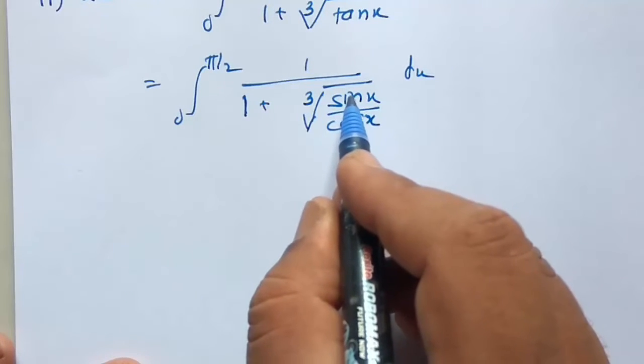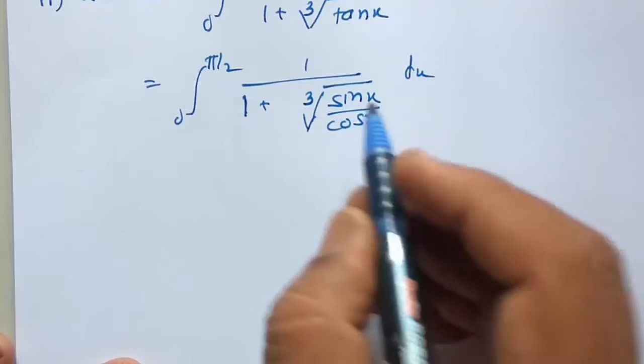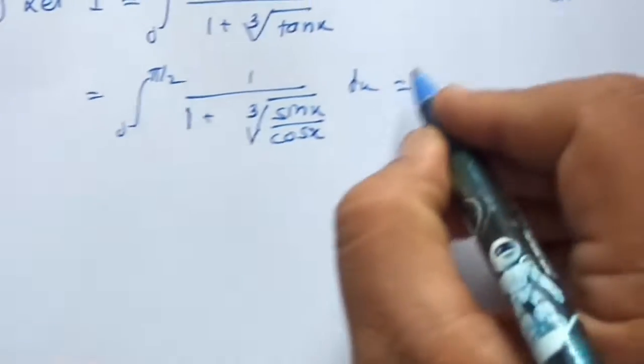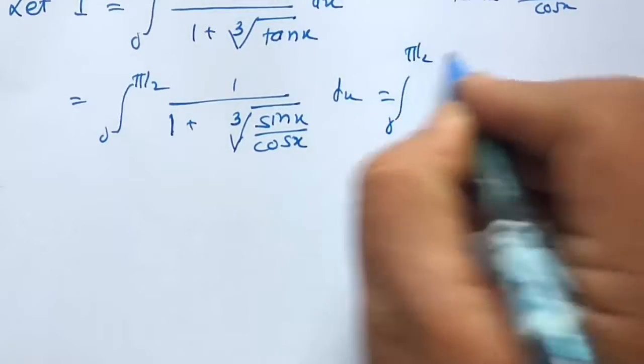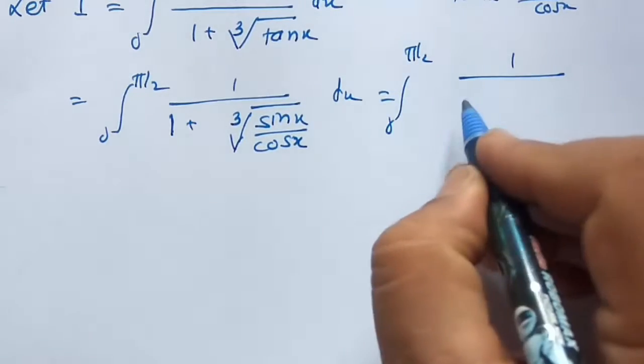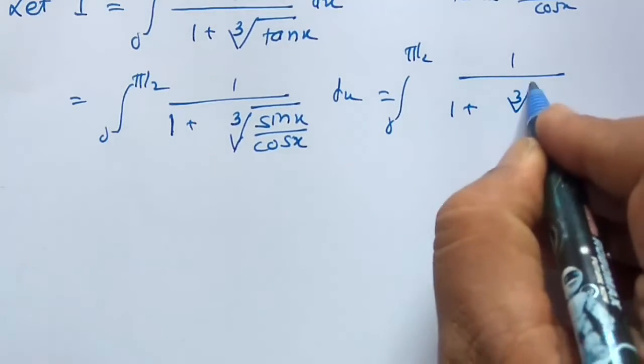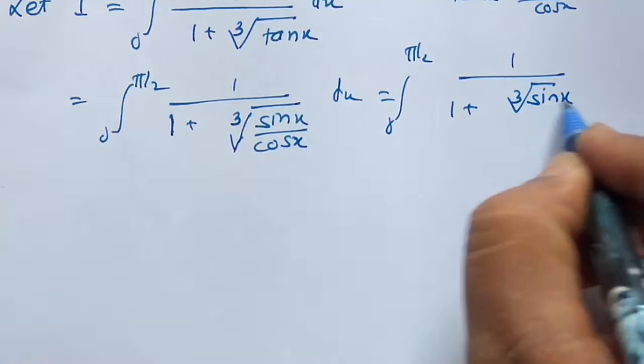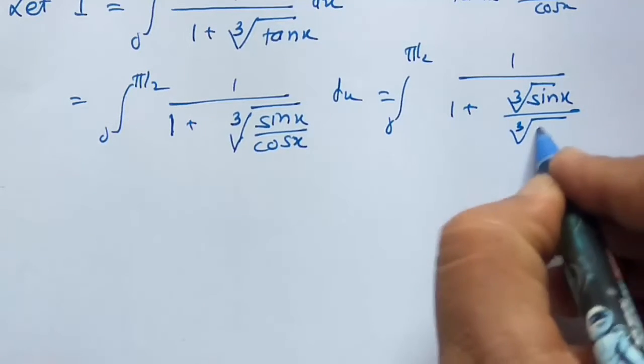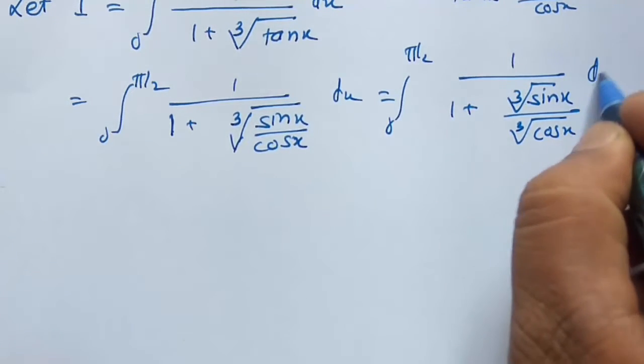Here it is cube root of sin x upon cube root of cos x. So this is equal to the integral from 0 to pi by 2 of 1 upon 1 plus cube root of sin x upon cube root of cos x dx.